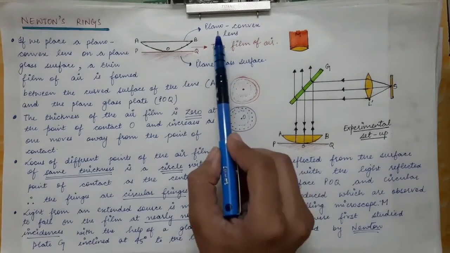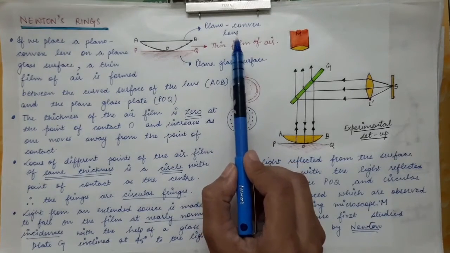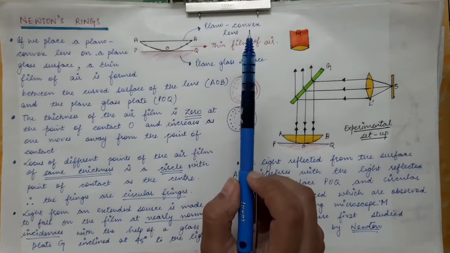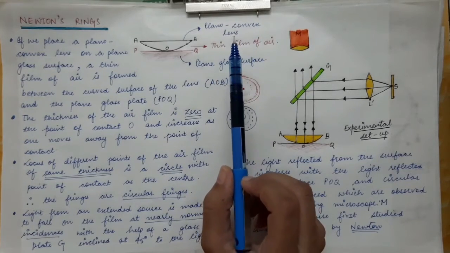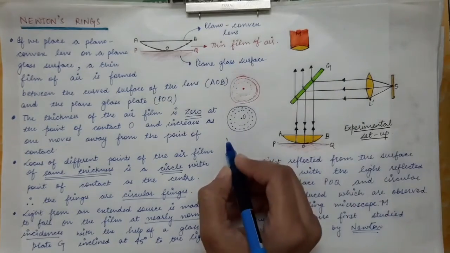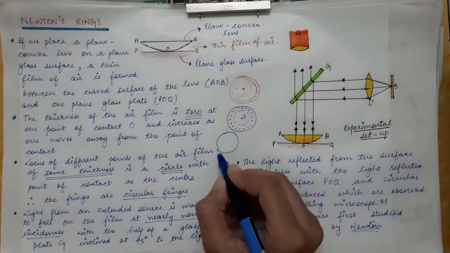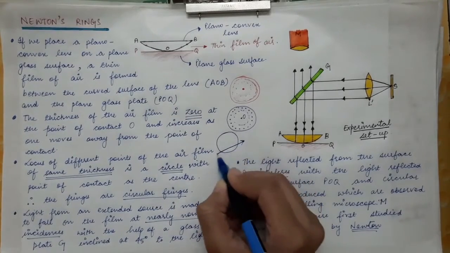Now how is this plano-convex lens obtained? If you take a sphere which is made up of glass, a small section from that sphere is cut. So let's say you have a sphere in this manner, and you cut this sphere like this.